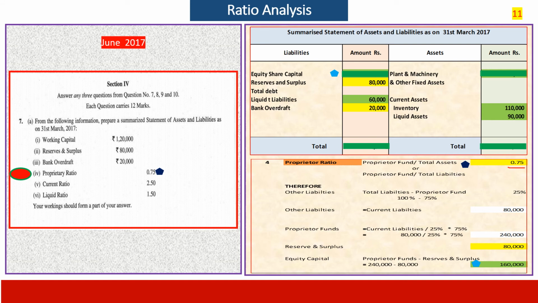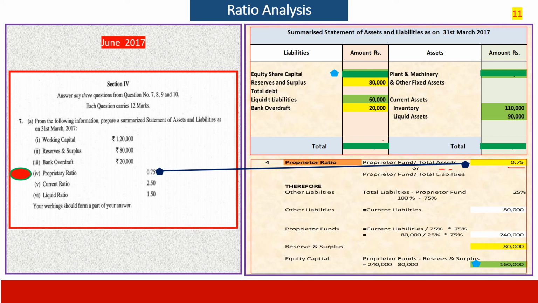Let us take up the working. 0.75 is the proprietary ratio. What is proprietary ratio? Proprietors' fund divided by total assets, or proprietors' fund divided by total liabilities. It goes without saying because total assets is equal to total liabilities. Therefore, take the liability side.